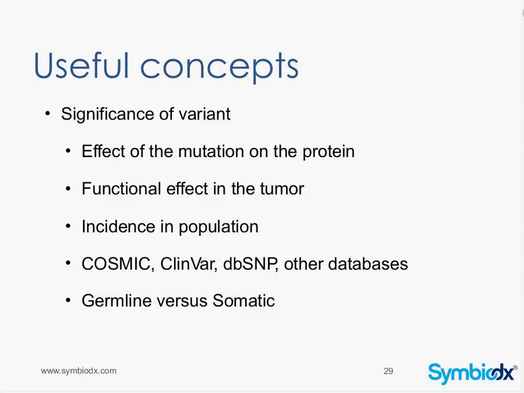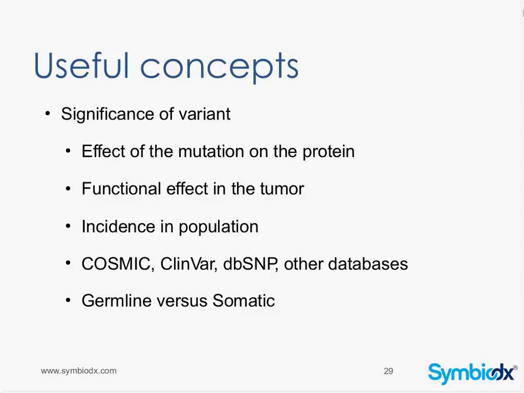So if you remember back to your molecular biology training, each DNA mutation is going to correspond to an amino acid change, and the amino acid change in turn will correspond to an effect on the protein. So you can have a missense change, you can have truncation, you can have elongation. Those are the main ones. You can have insertion or deletion. The first thing we do is see what effect it is going to have on the protein.